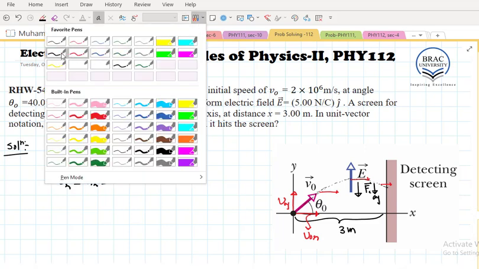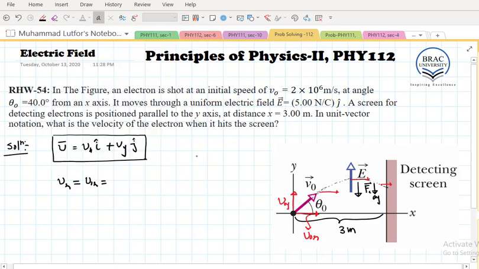Fine. Now we can split that vector, because we know that V naught is 2 × 10^6 meters per second, theta naught is 40 degrees, x is given, which is 3 meters, and the electric field, which is in the vertical direction, is 5 newtons per coulomb j hat. Now we can find V naught x.